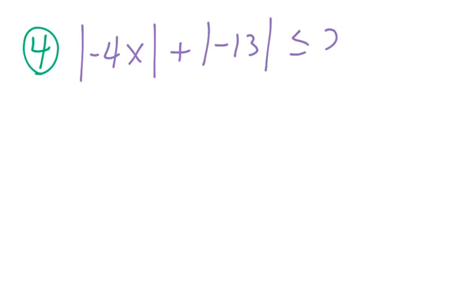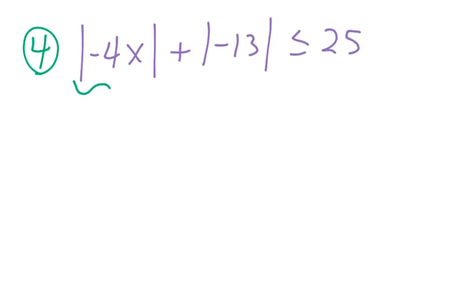All right, so I have the absolute value of negative 4x plus absolute value of negative 13 less than or equal to 25. All right, so I need to simplify some things.